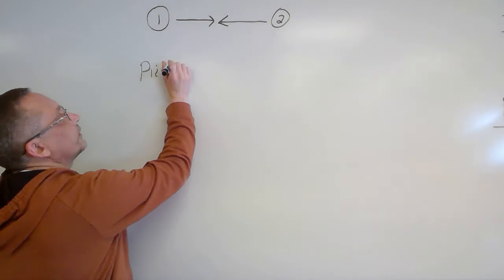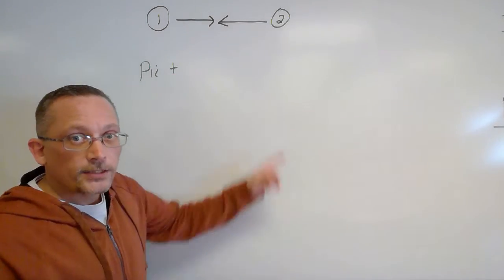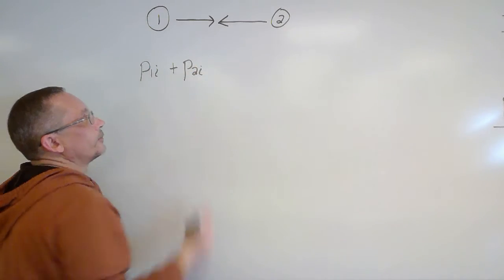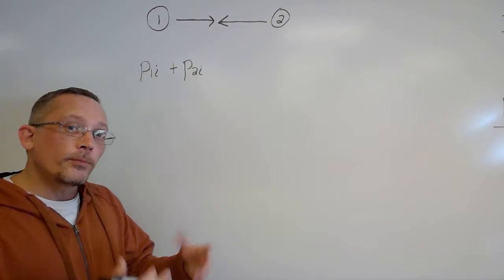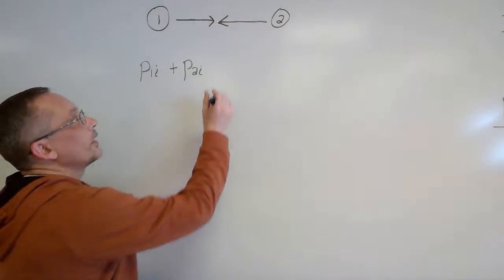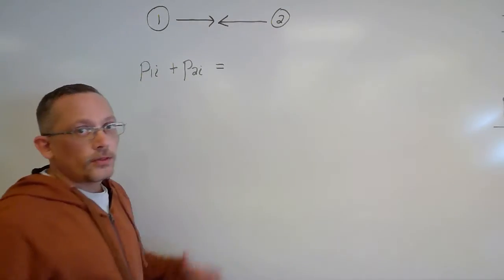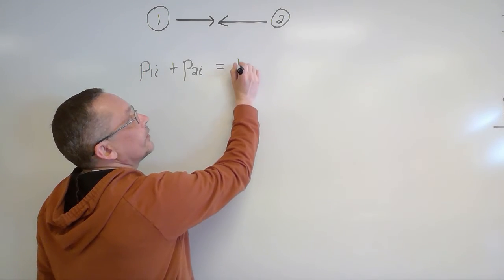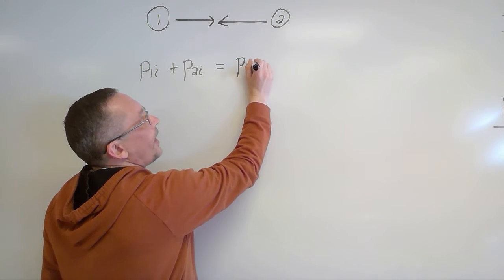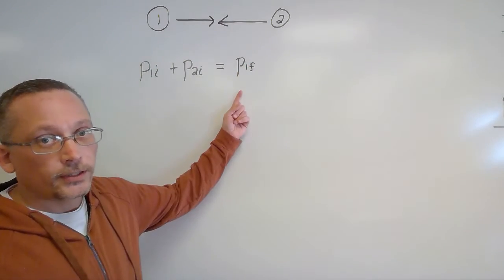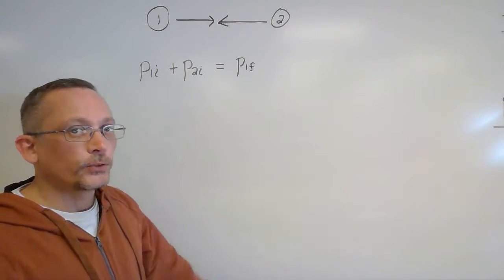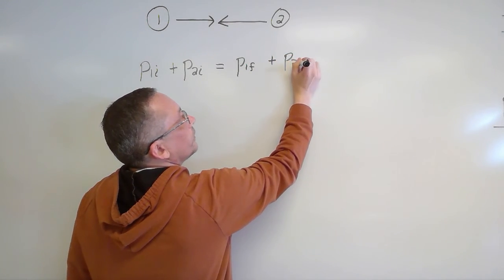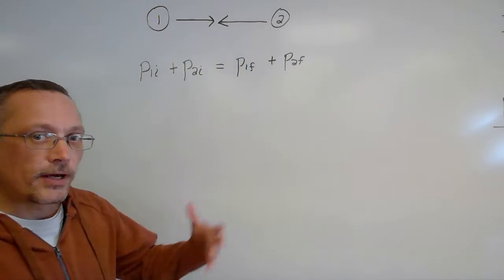And I'm going to add to that the initial momentum of object 2, which I will call P2I. That's the total amount of momentum before the collision, and that should be equal to the total amount after the collision. Let's say object 1 has a momentum of P1F after the collision, the final momentum of object 1. And object 2 will have a momentum of P2F, the final momentum of object 2.